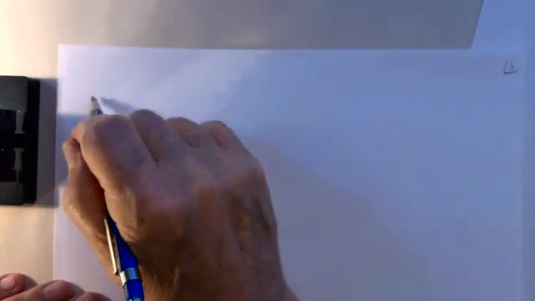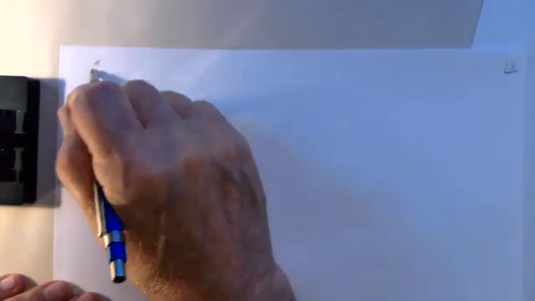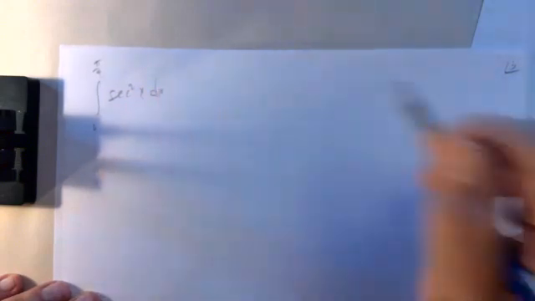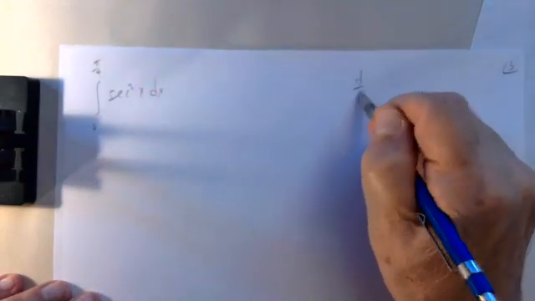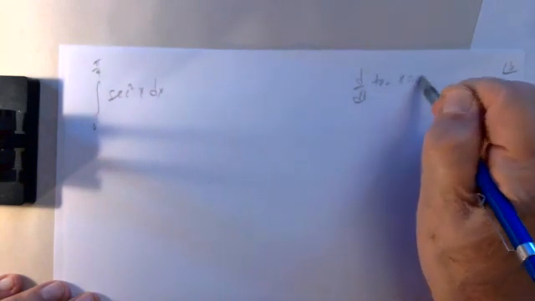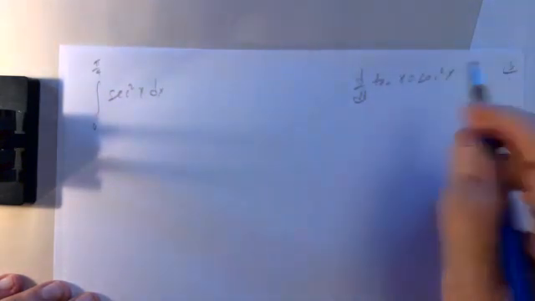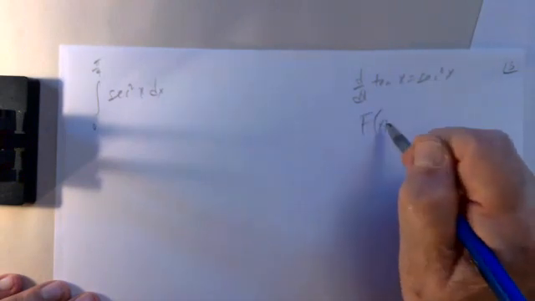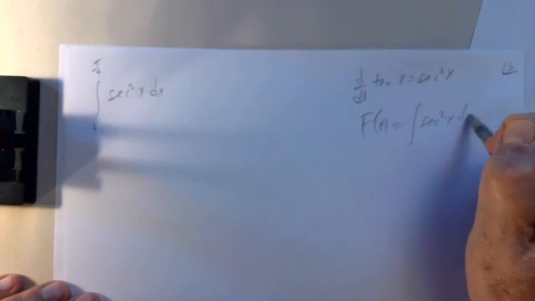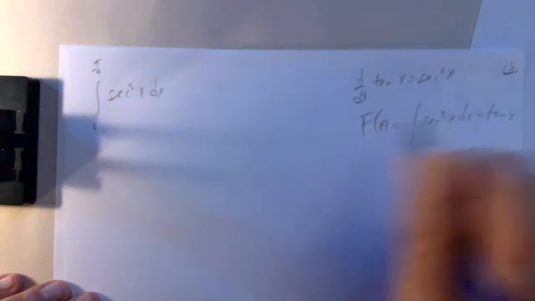Look at another example. The integral from 0 to pi over 4 of secant squared x dx. Well, you have to remember the derivative of the tangent is the secant squared. So the antiderivative of the secant squared is the tangent.